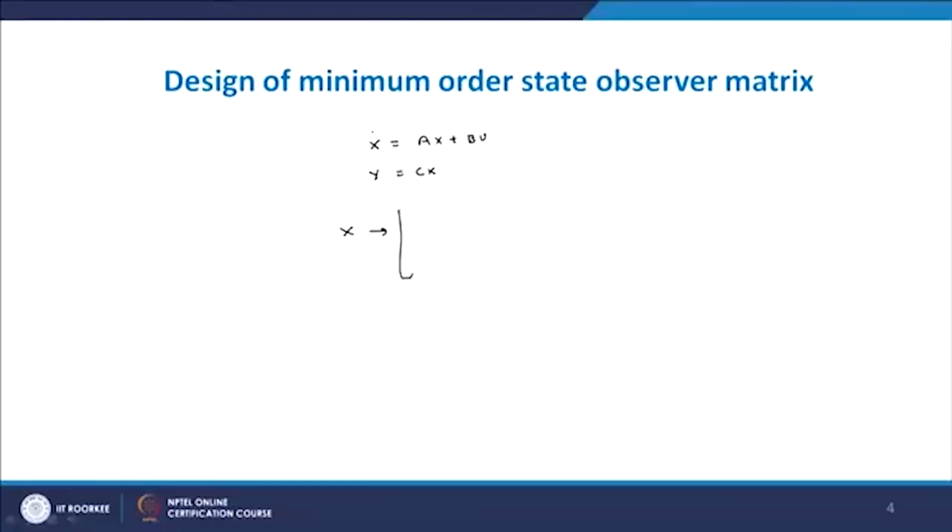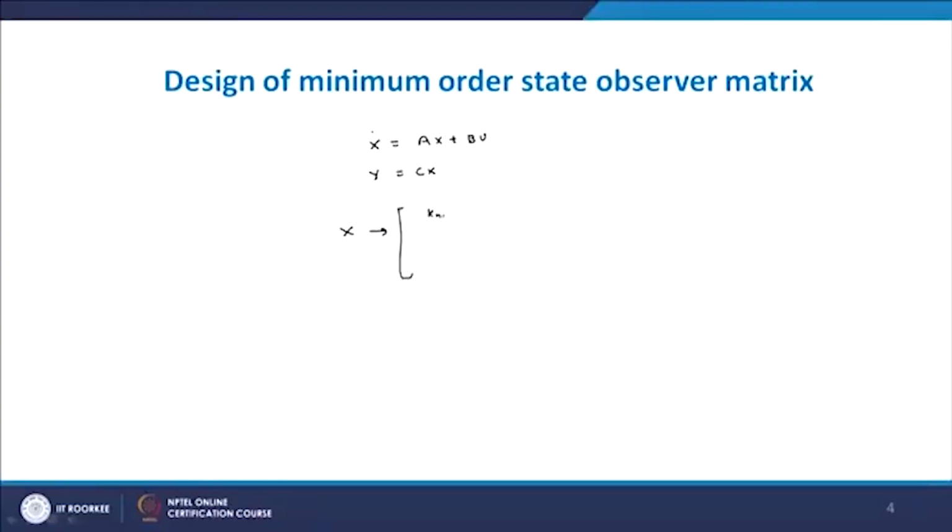As per our original convention, we have the plant x dot equal to Ax plus Bu and y equal to Cx. Now, in this case x is the state, so this x involves both things, one measured as well as unmeasured.